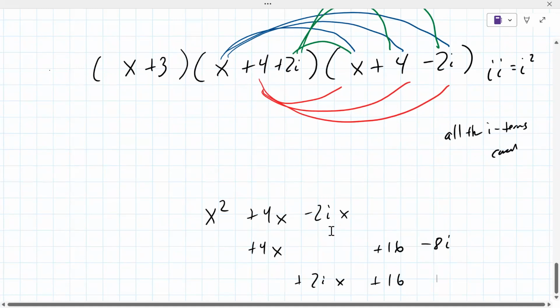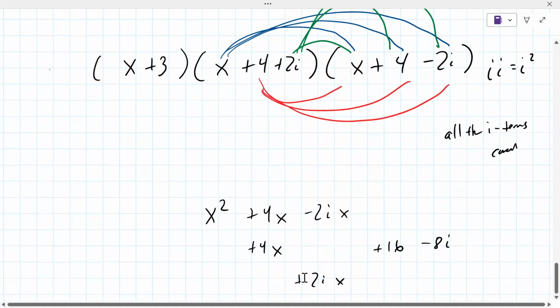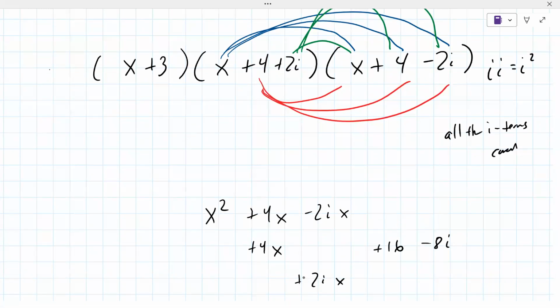What did I do wrong here? X squared plus 4x minus 2ix, 4x plus 16 minus 8i. Okay, 2ix. That's where I went wrong. Okay, there it is. Plus 8i minus 4i squared.